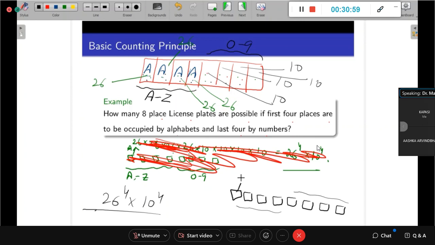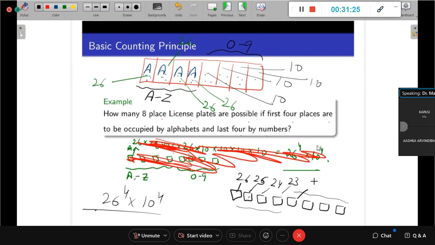So first place will have 26 choices. Now for the second place, since one of the alphabets is already used, the next place cannot use that. So one is left, and the next place has 25 choices. Similarly, the next place has 24, and then the next place has 23.